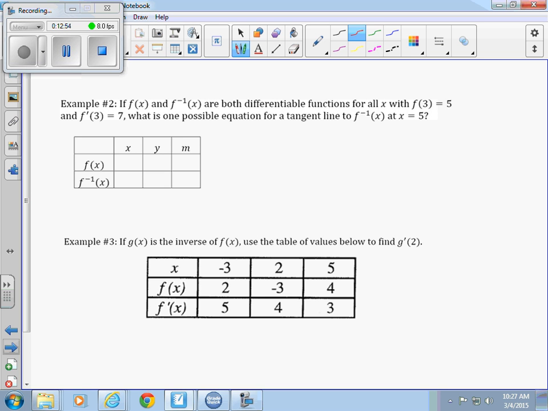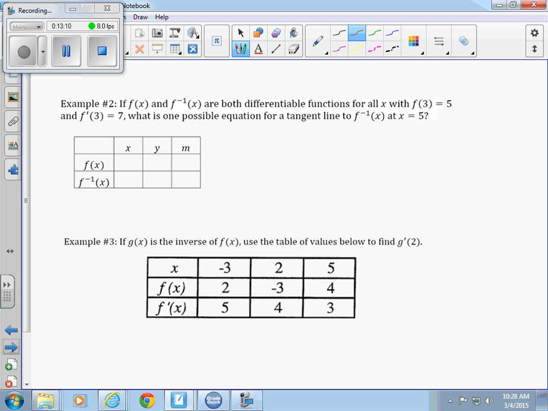Find the tangent line to f inverse at 5. What are the 3 things I need for a tangent line? X, Y, slope. Hopefully I can figure that out in this problem.